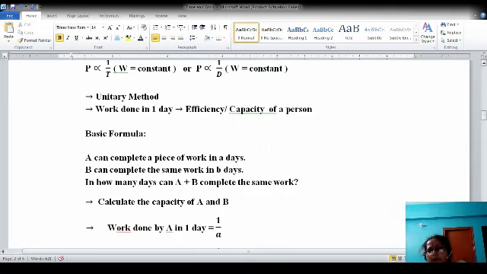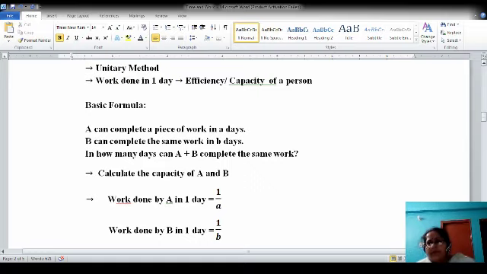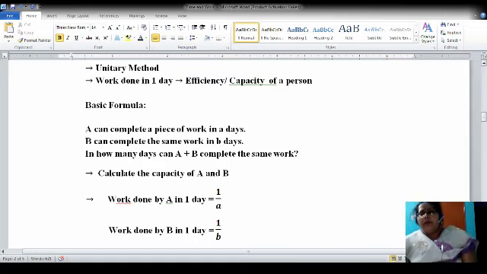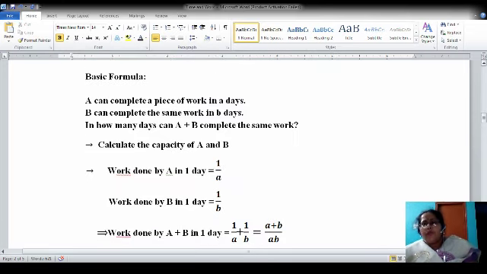And now we can add up the work done by A and B. The total work done by A and B in one day is 1 by a plus 1 by b, which comes up to be (a plus b) by ab. So now in one day the amount of work done by A plus B is (a plus b) by ab.